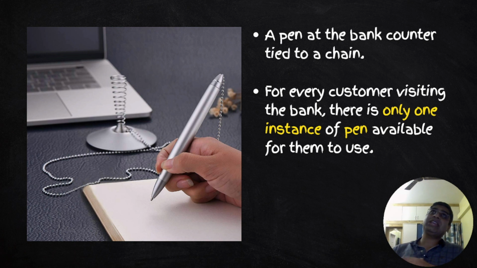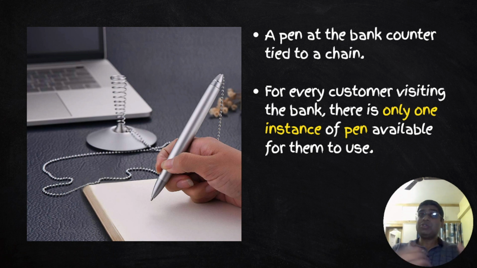Now let's say the bank employee gives all the customers the pens, right? Think that the bank employee offers a pen to everybody that walks into the bank. That's going to be very costly, right? The bank has to purchase those many pens and give out to people, right? And people can take away, right? So that is not the ideal scenario.